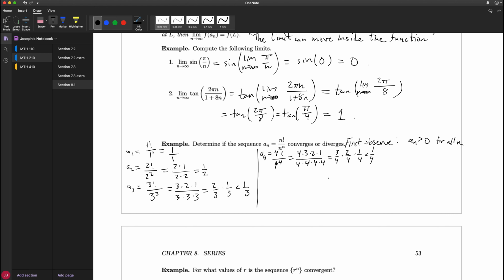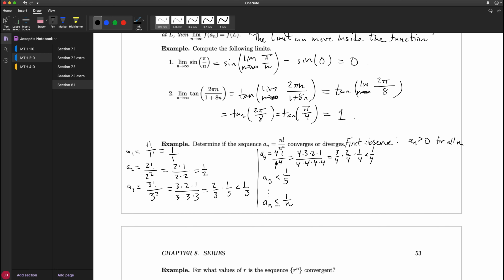Okay? So now if I were to ask what you think a_5 is going to be less than, hopefully you can see the pattern that once you get to 3, a_3 is less than 1/3, a_4 is less than 1/4, a_5 is probably less than 1/5. And in general, a_n is going to be less than 1 over n. But now to pick up these first two cases, notice that a_1 is dead on equal to 1 over 1, and a_2 is dead on equal to 1 over 2.